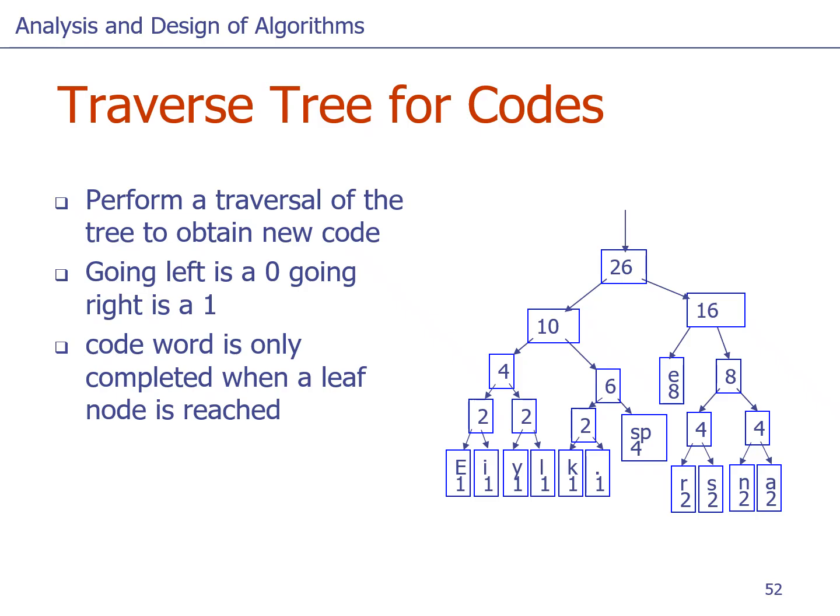The really interesting part is here. What's the encoding of E? E is interesting because it is the most repeated letter. It's repeated 8 times in the text. So the greedy strategy says allocate fewer bits to common letters and allocate more bits to less frequent letters.